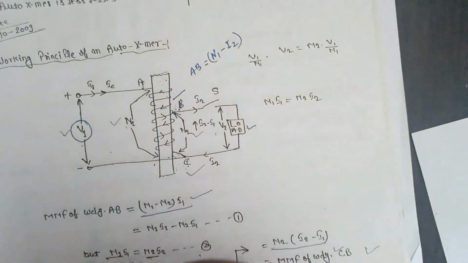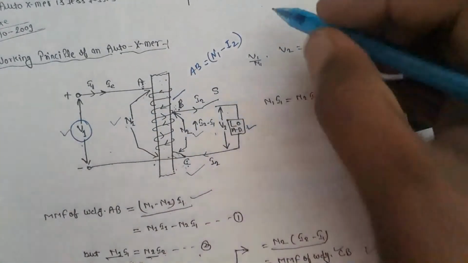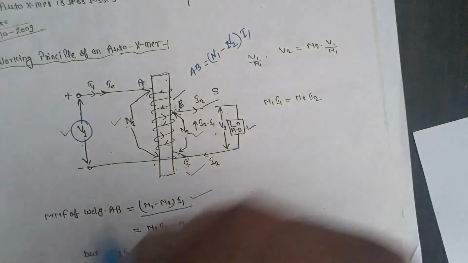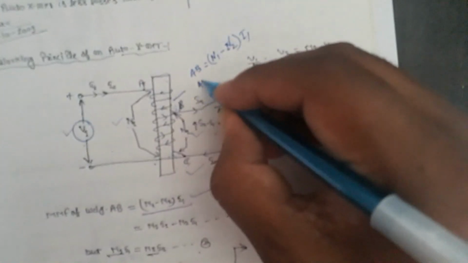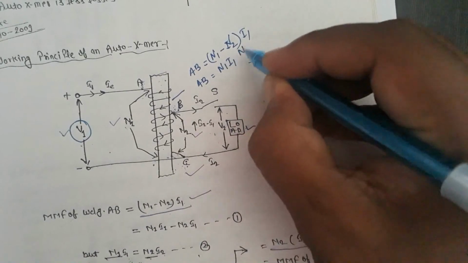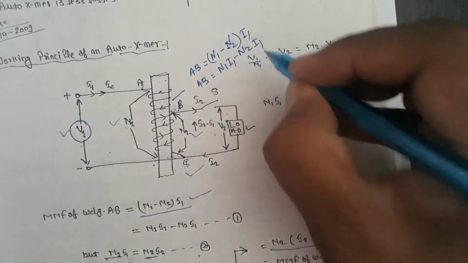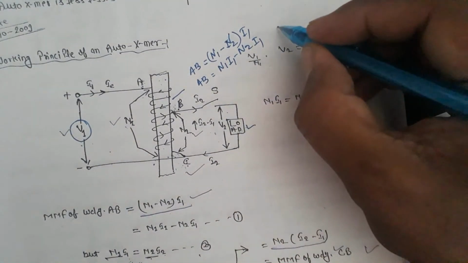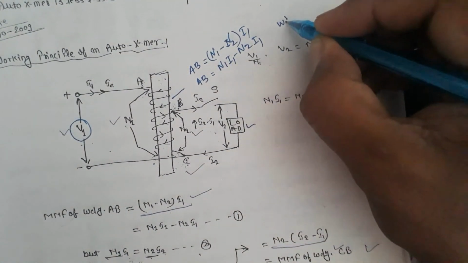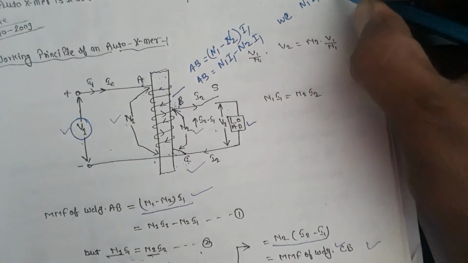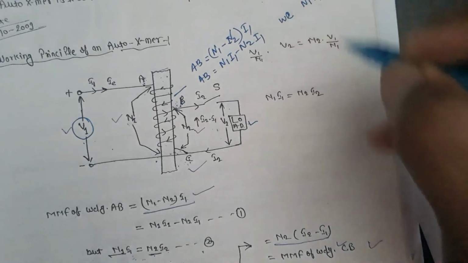This number of turns is multiplied by I1, so the MMF of AB is equal to N1 I1 minus N2 I1, where we know N1 I1 equal to N2 I2.